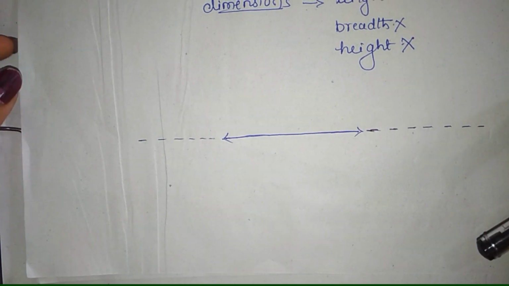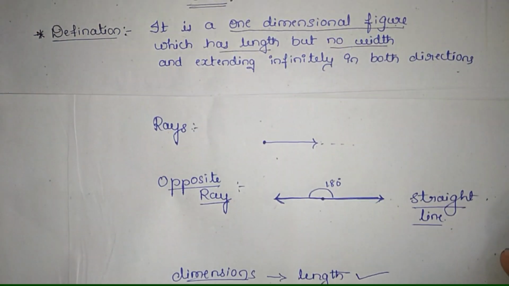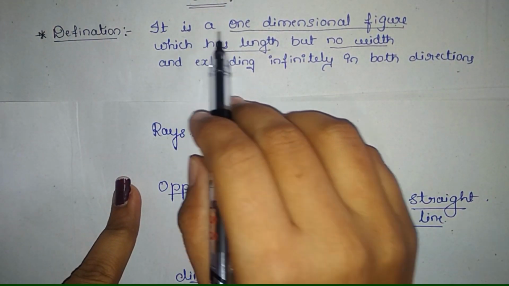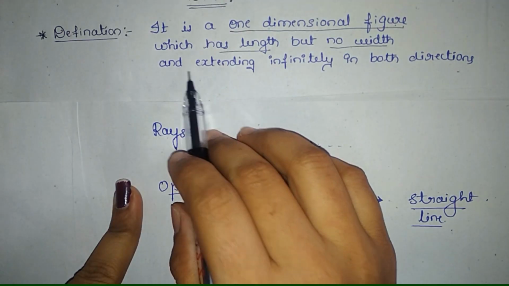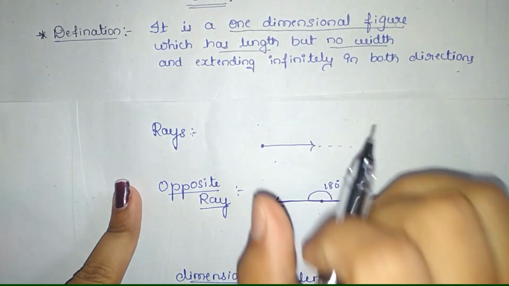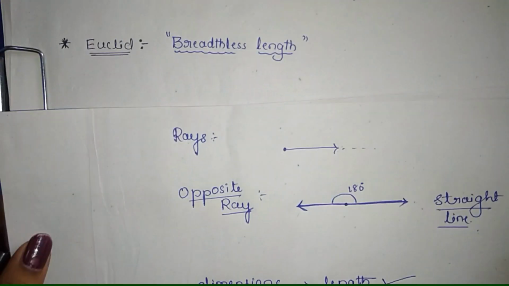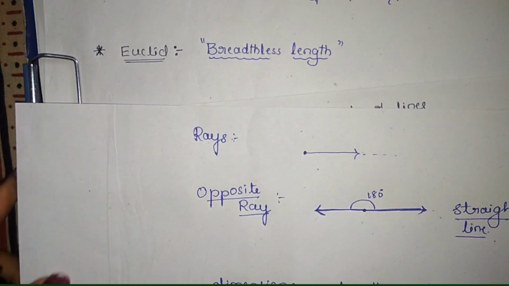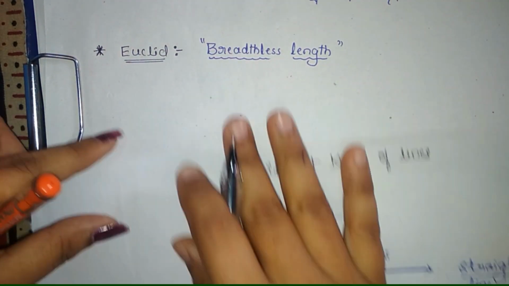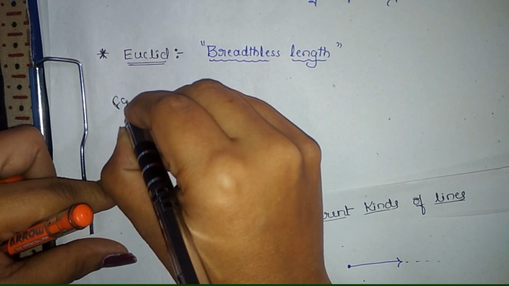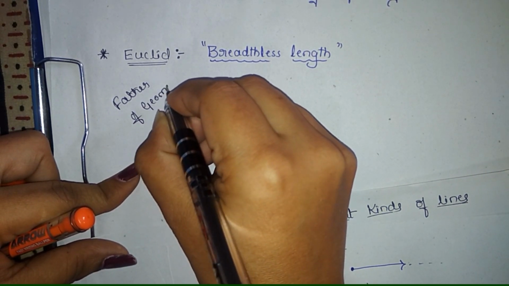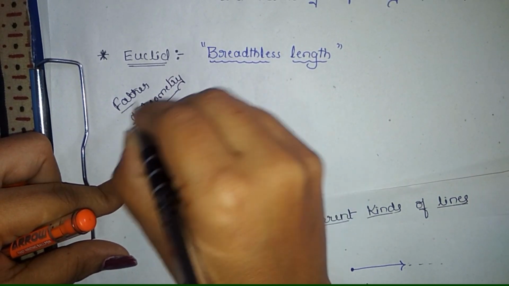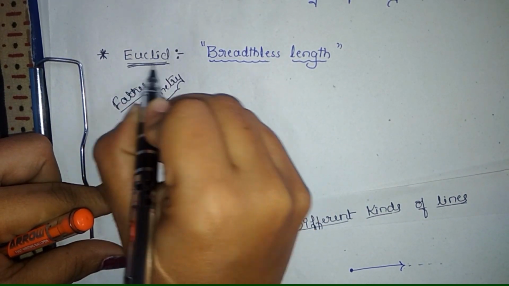Now I think you are able to understand the definition. It is a one dimensional figure which has length but no width and extends infinitely in both directions. Now our famous mathematician, who is also called the father of geometry, is none other than Euclid.